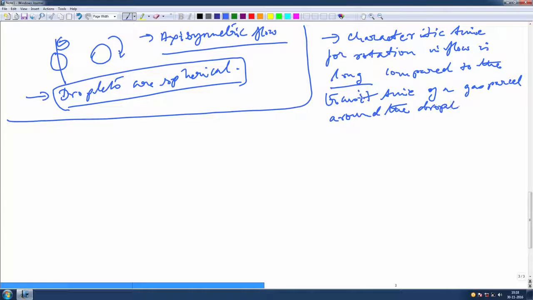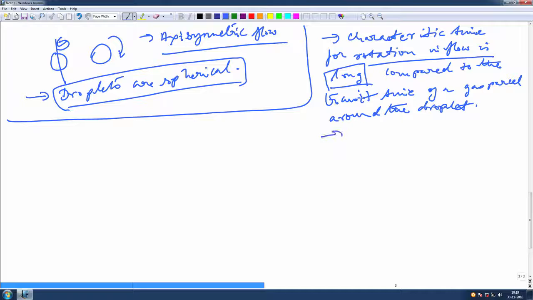You got it? So, what does this essentially mean? If the droplet is rotating, it takes a certain amount of time for the droplet to rotate itself, right. During that time, if a pocket of gas passes over that liquid sphere, and if that time scale is very short compared to the rotational time scale, then we can say that the effect of rotation is negligible, so to say. That is why I said the characteristic time for rotation in flows is long compared to the transit time of a gas parcel, right.